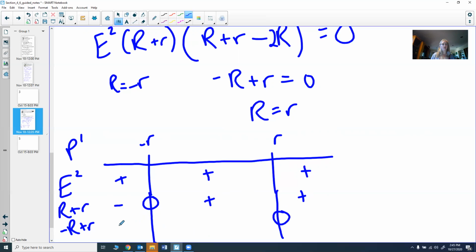If you're smaller than little r, you're going to get a positive number, because you're going to have a small number subtracted from a bigger number. And if you're bigger than little r, if you pick like 2r, you need to have negative 2r plus little r. That would give you a negative number. So we have positive, negative, positive, that's negative. Positive, positive, positive is positive. Negative, positive, positive is negative.